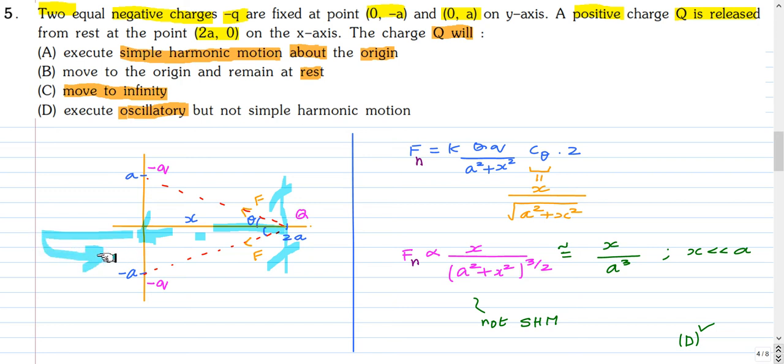And after it comes here, it will have some velocity, so it will not stop here. It will keep continuing, and the velocity will keep on decreasing, and here it will become 0, and here it will again turn back. So this thing will keep on repeating. So it's an oscillating motion, but it's not SHM, because the force in general is varying as x divided by some complicated function. So the correct option is option D.